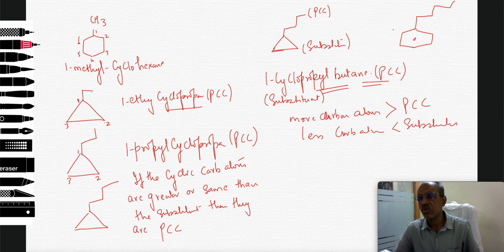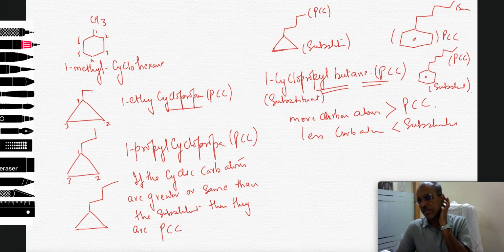So this happens to be the PCC, and this is the substituent. But the moment 3, 4, 5, 6, 7, here there are 7 carbon atoms and this is 6. So this becomes the PCC and this becomes the substituent.